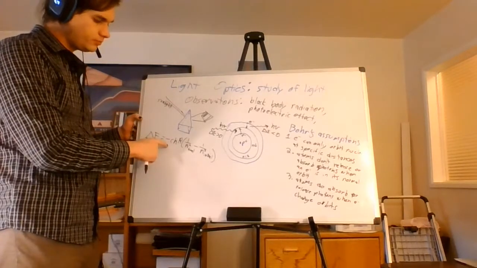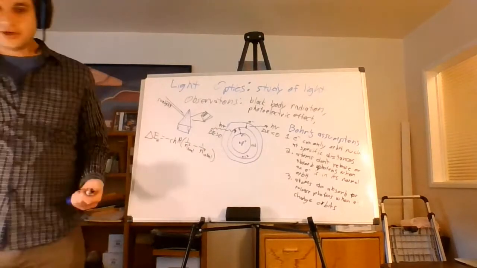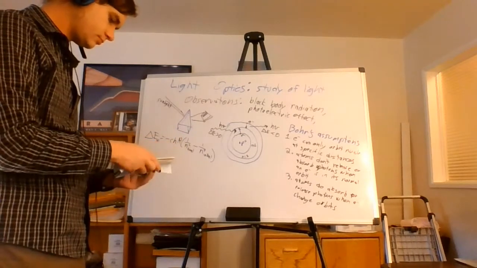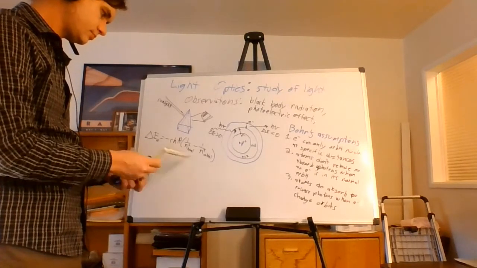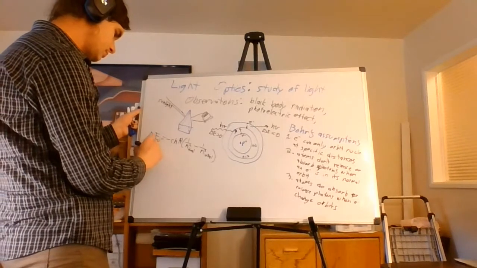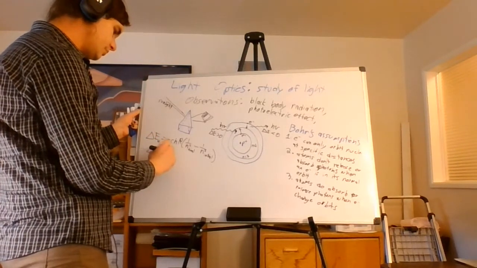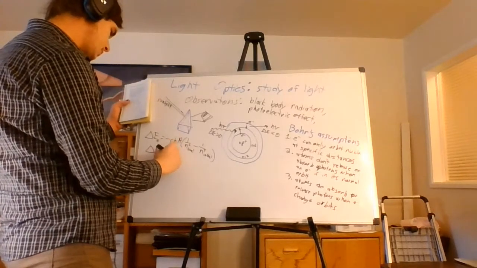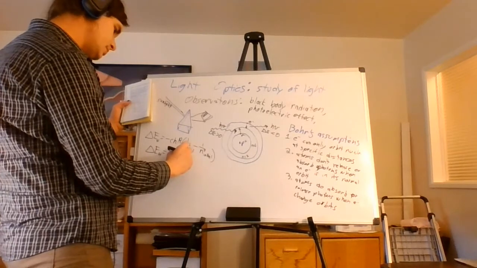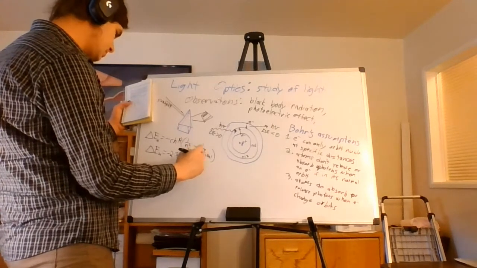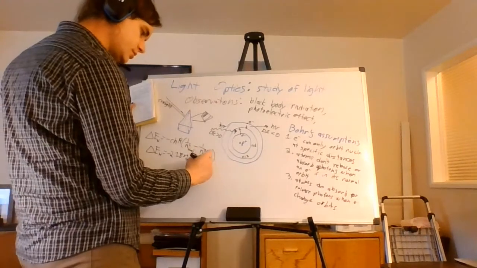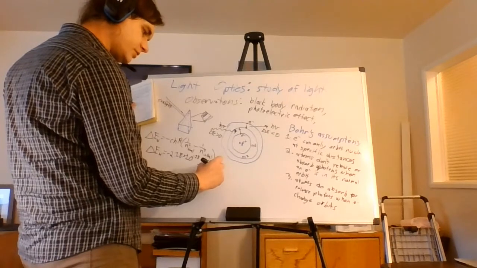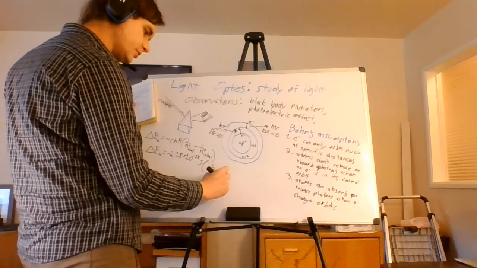Now, when we multiply this whole thing out, we end up coming out to delta E for hydrogen equals negative 2.18 times 10 to the negative 18 joules, times 1 over n squared final minus 1 over n squared initial.